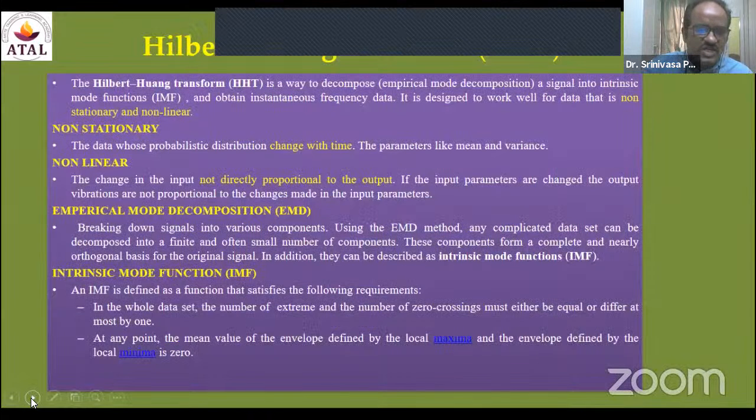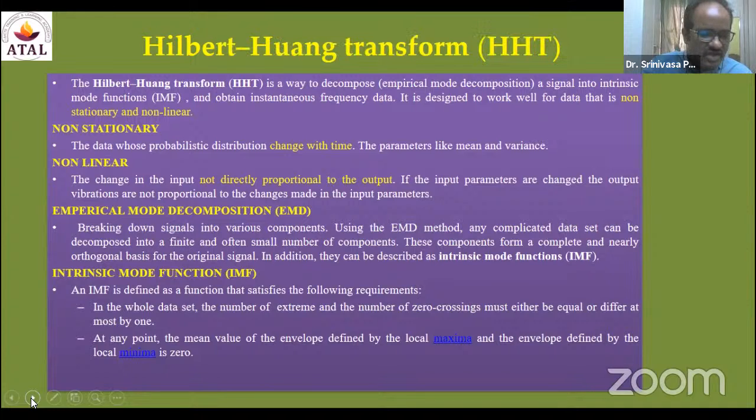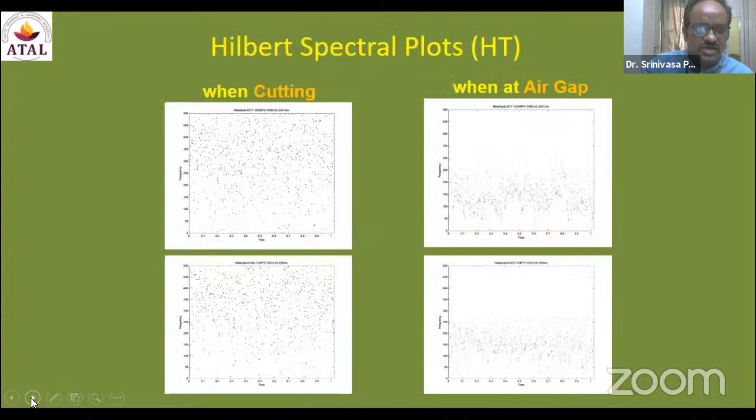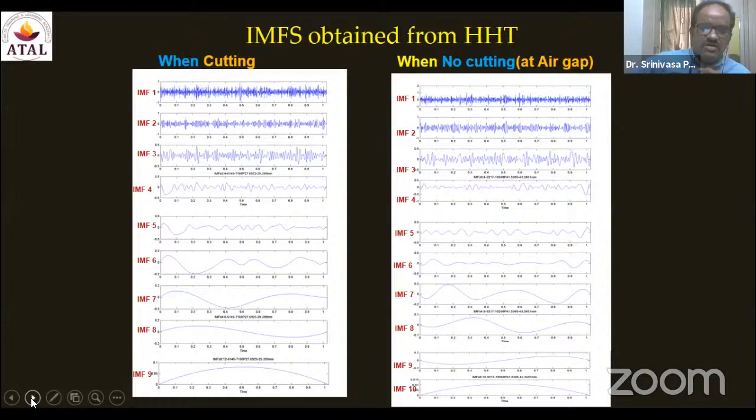So Hilbert-Huang transformation is used for nonlinear applications. Most machining applications and high-speed machining generally involve nonlinear data. So this is where the Hilbert transformation is very much useful. I'll show you now. You need to identify which signal.